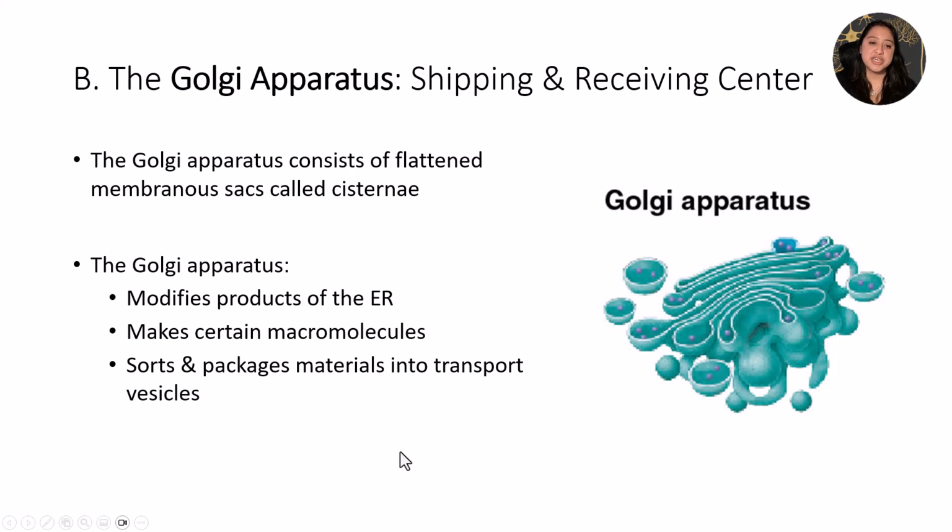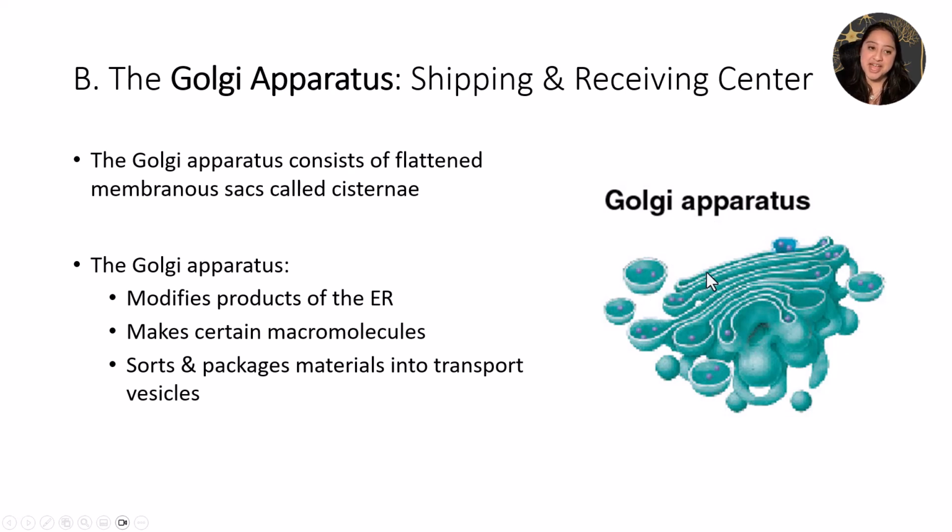So next up in the endomembrane system is the Golgi apparatus. And so this is the shipping and receiving center. So this is kind of like the UPS or USPS, whatever shipping company. And so the Golgi apparatus, I think, looks really cool.